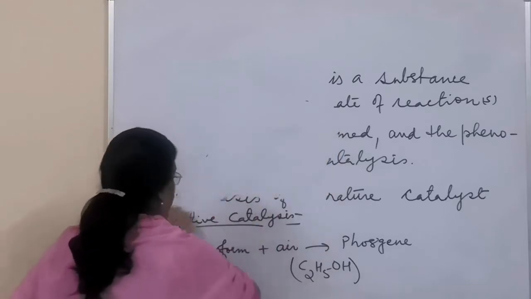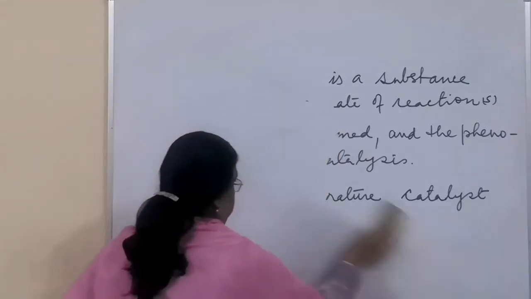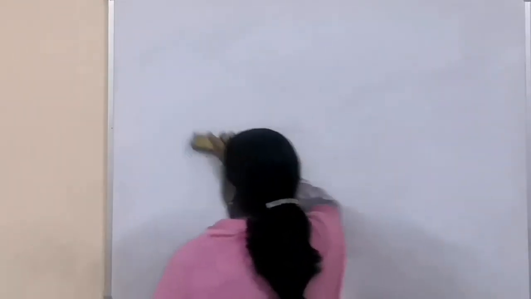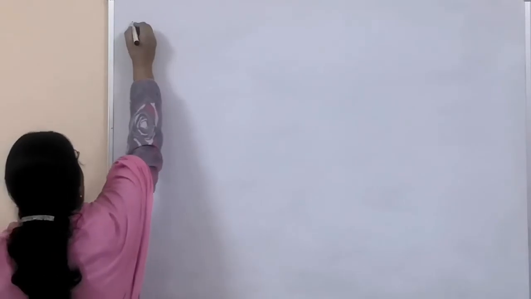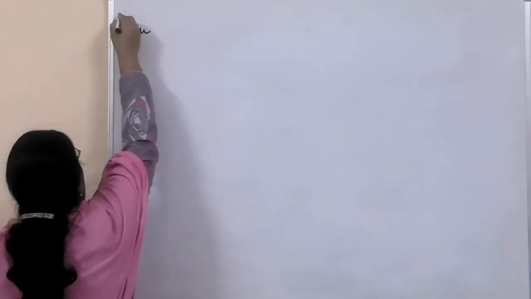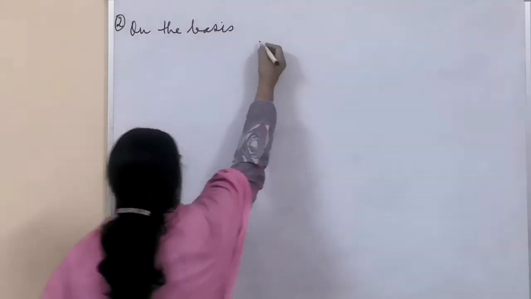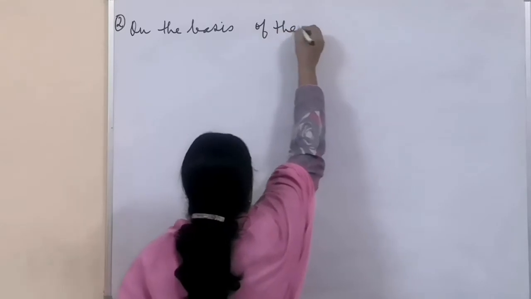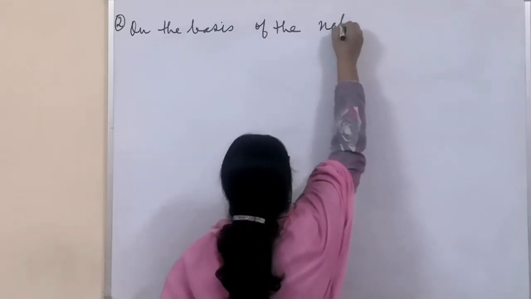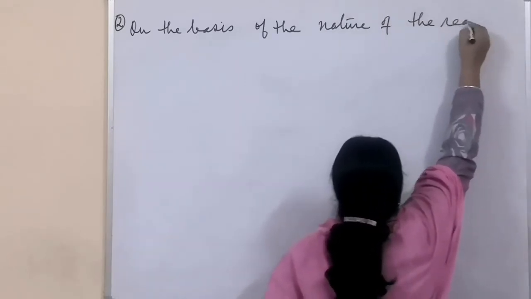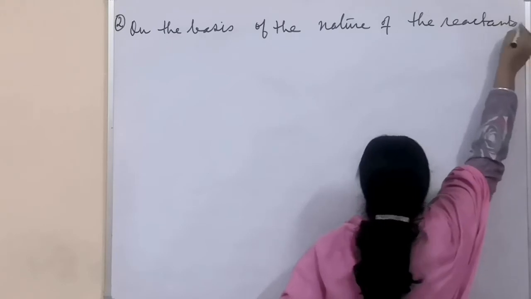Now the second kind of catalysis. First kind was on the basis of the nature of the catalyst. Now the second kind is on the basis of the nature of the reactants.